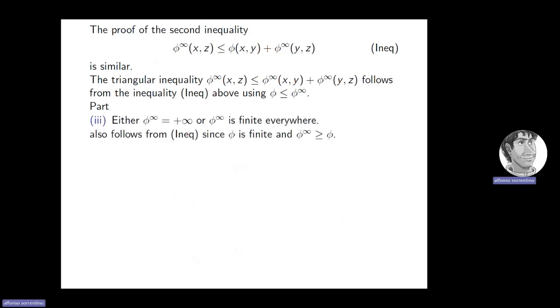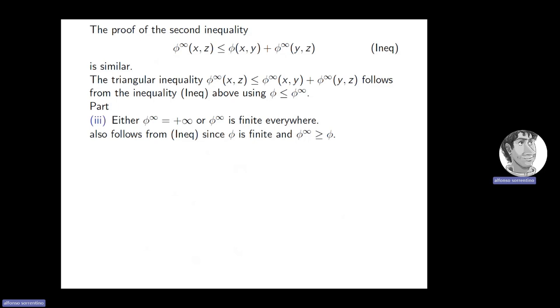Now, phi infinity is either plus infinity everywhere or is finite everywhere. It's because here phi xy is finite. So if it's plus infinity somewhere, it's plus infinity everywhere. And because it's a sup, it cannot be minus infinity.